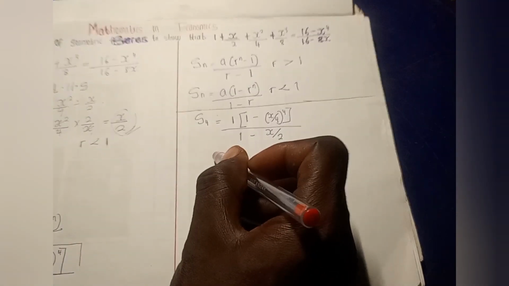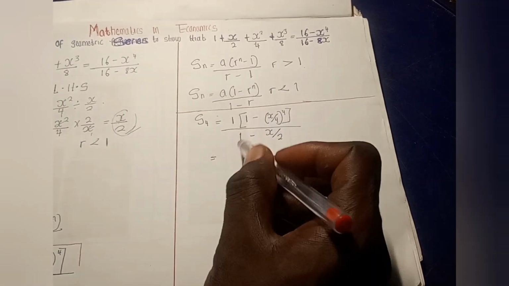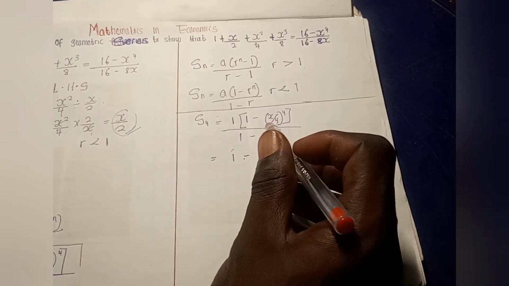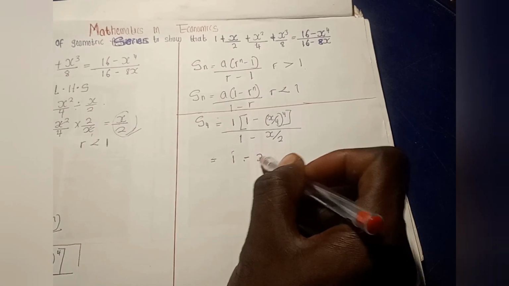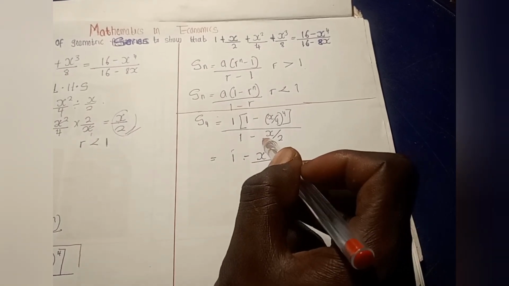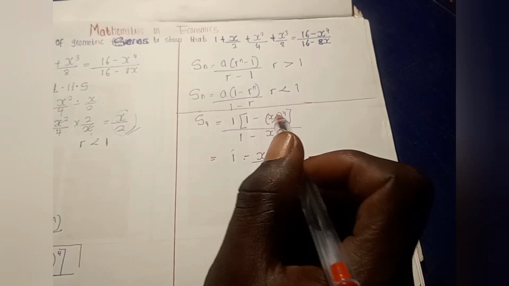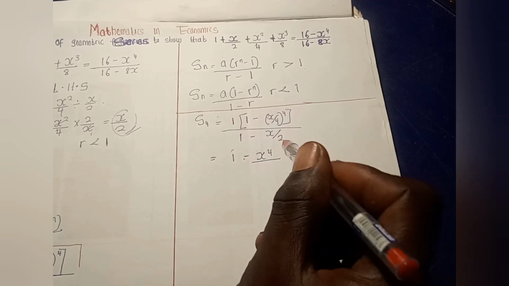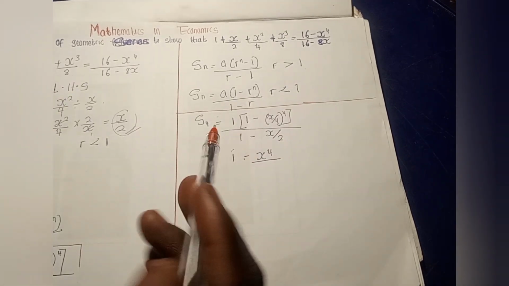So I have opened the bracket with 1. I have something like 1 minus x raised to power 4 over... no, I have made a mistake.